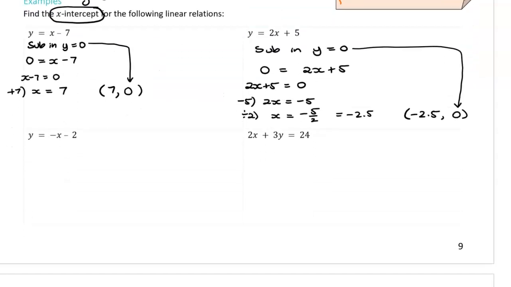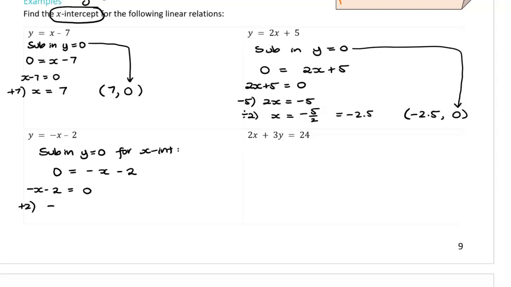And let's have a go with the next two. So again, we sub in y equals 0 for x-int. I'm just reminding myself that I'm finding the x-intercept here. So we're going to have 0 equals minus x minus 2, so minus x minus 2 is equal to 0. We add 2 to both sides.